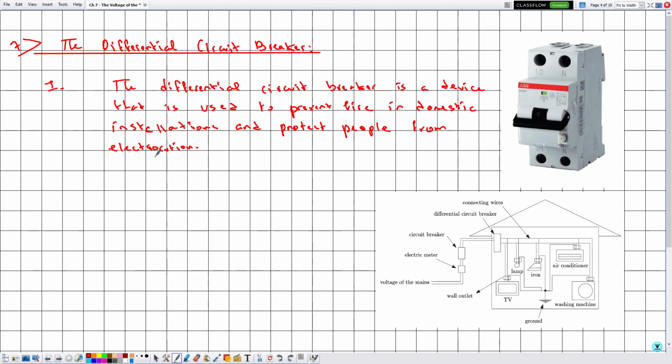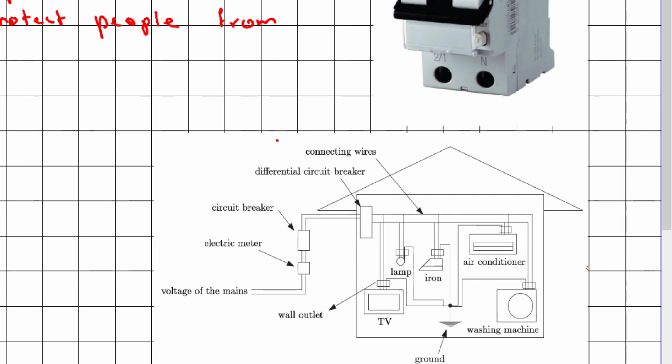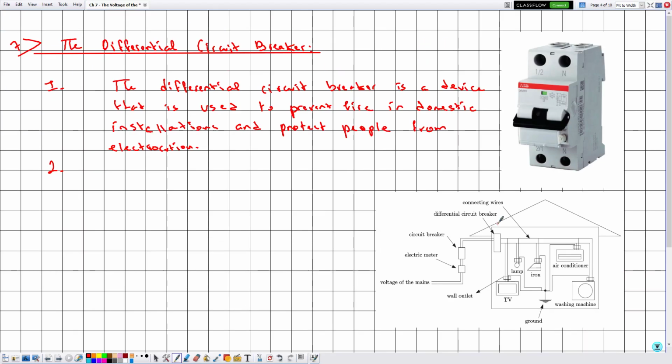So this is the only main difference. And usually this differential circuit breaker is installed in our home and not in the building or outside the house, because it is easy for us to access it and turn it on and off whenever we want, and because it prevents electrocution.